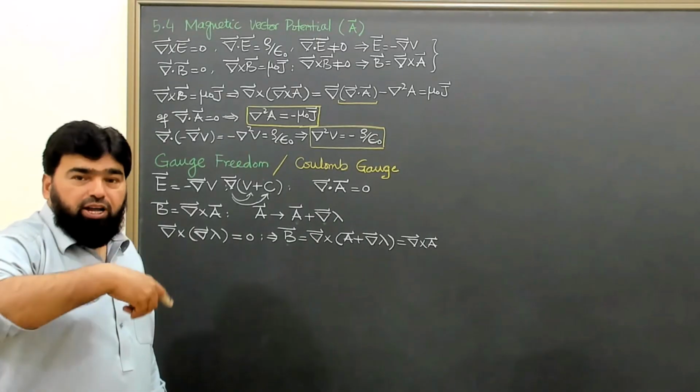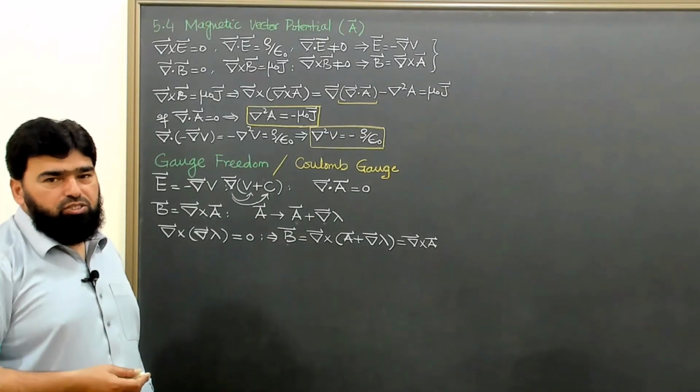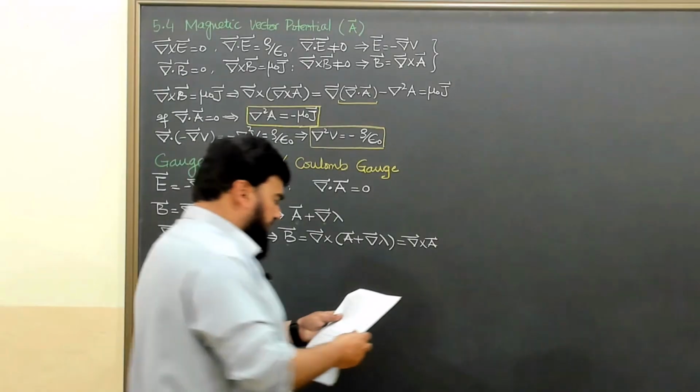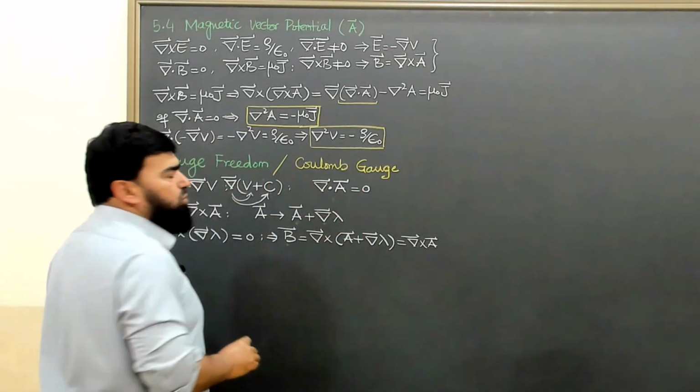Means we modify A such that the divergence is equal to 0, and this is basically called the Coulomb gauge.